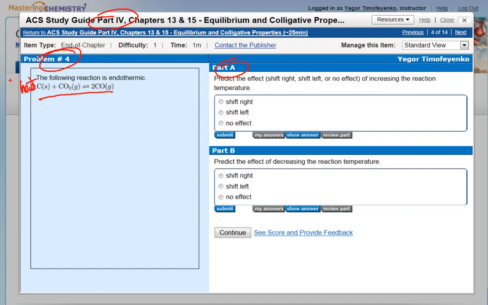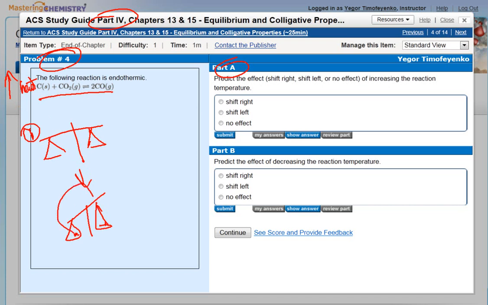So let's see, we increase the temperature. When we increase the temperature, now think of it as a reactant, our balance is going to be disturbed in such a way that it goes from straight to, once you increase heat, that's the new balance.